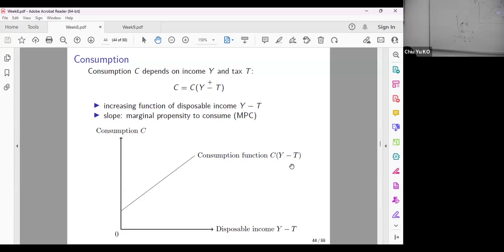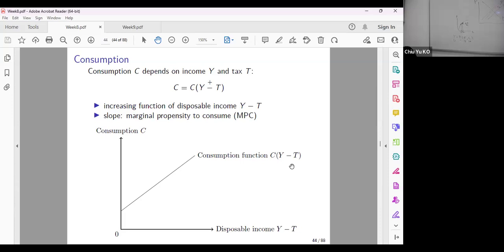The slope is called the marginal propensity to consume, which means that if your income goes up by 1, how much does consumption go up? Usually it's less than 1, because if your salary goes up by $1 more, you don't spend the whole $1. If you spend all $1, this MPC is 1, so the slope is 1. But in general, the slope is less than 1.